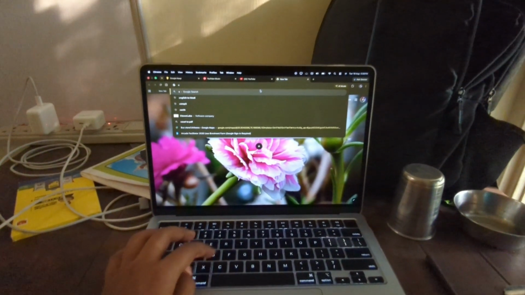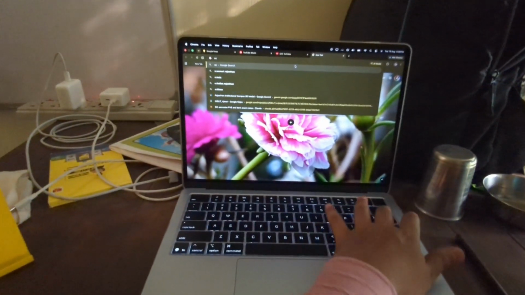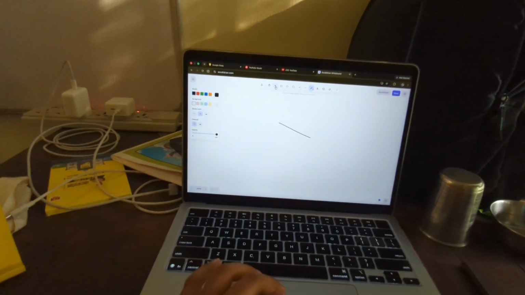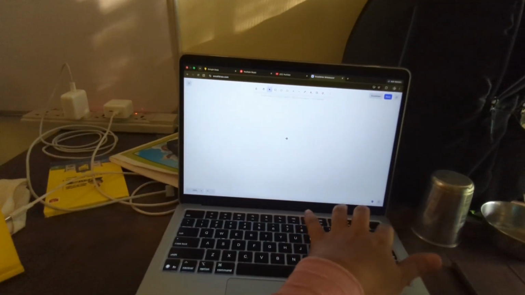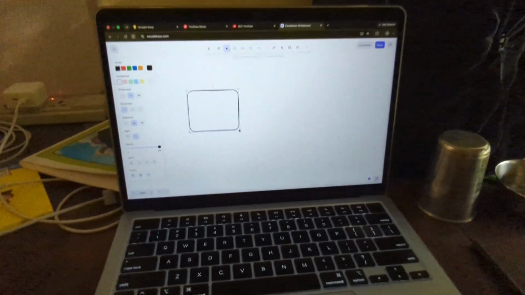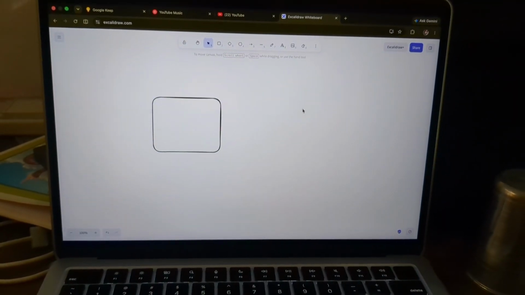Let's see, with the whiteboard. So there is one machine, and there is the other one.